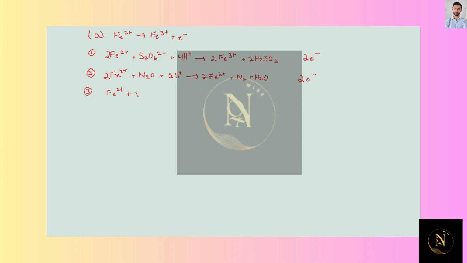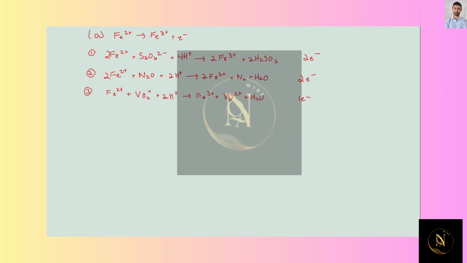So that's going to be plus VO2 plus 1 plus 2 hydrogen ions yields Fe3 plus, VO2 plus and a water. And that involved the transfer of 1 electron. All right, so those are my balanced reactions for those three different reactions.